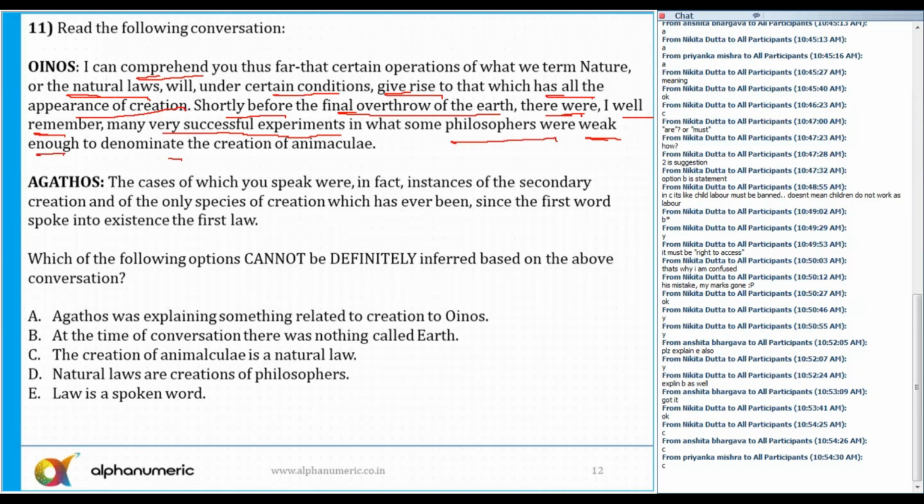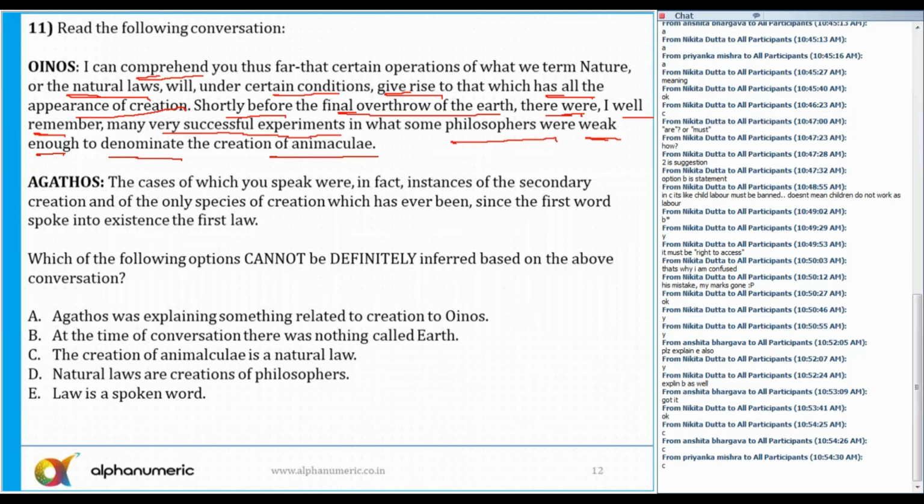That means before the earth was destroyed, many people tried to experiment about the creation of animals, but they failed. But I know that there is something called natural laws, and according to natural laws, there are certain conditions which give rise to appearance, which actually lead to creation.